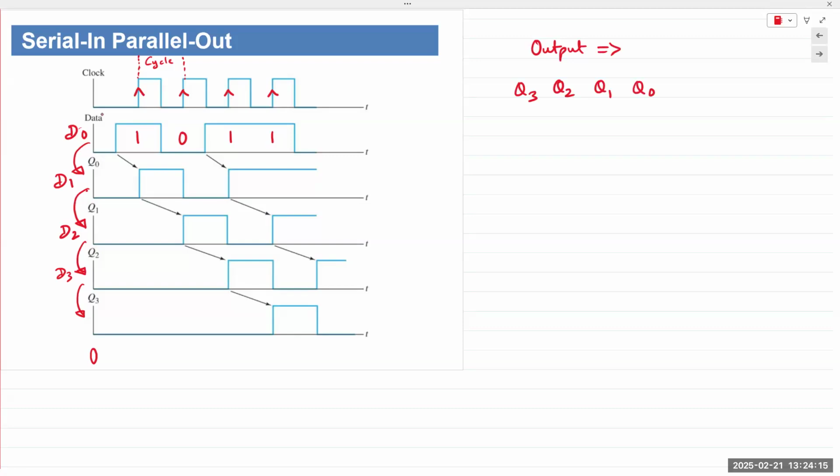That's how it should look. So it should look like this. Parallel 1011. All right. Any questions so far?